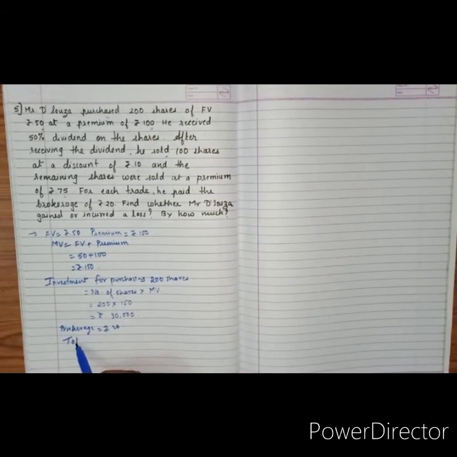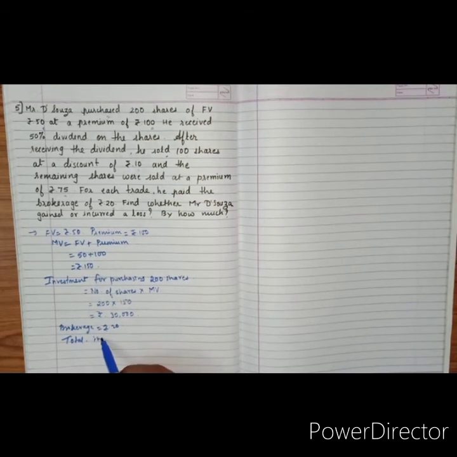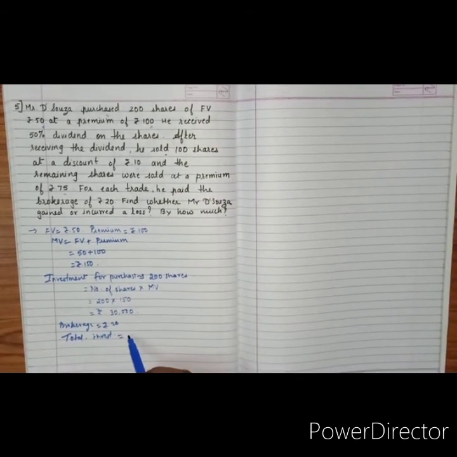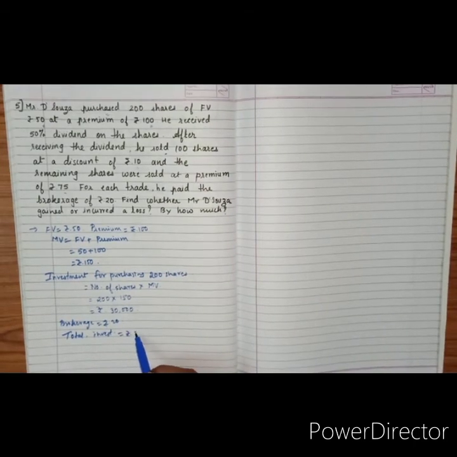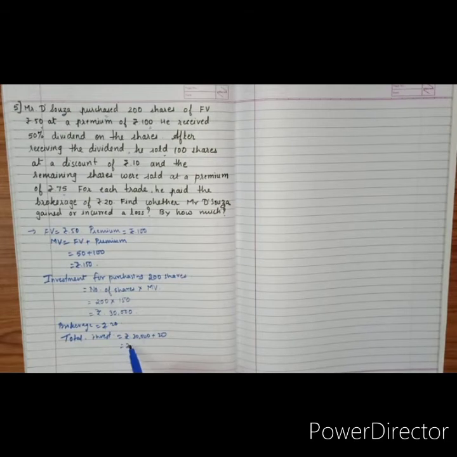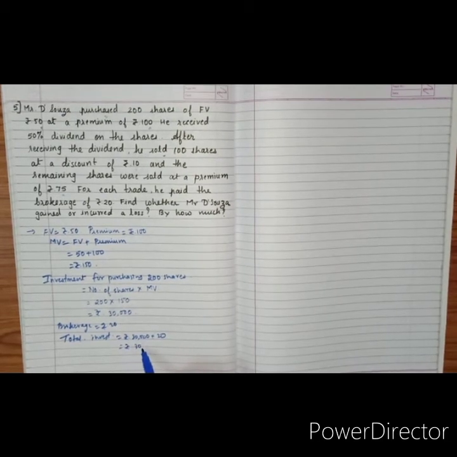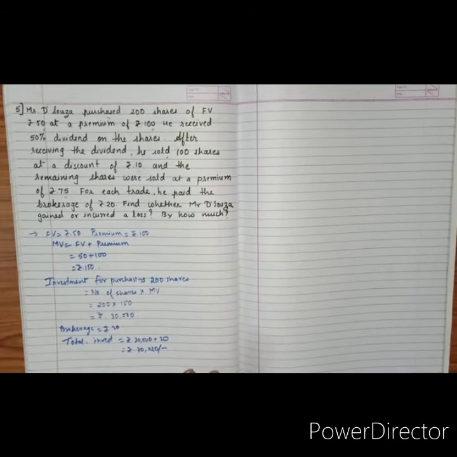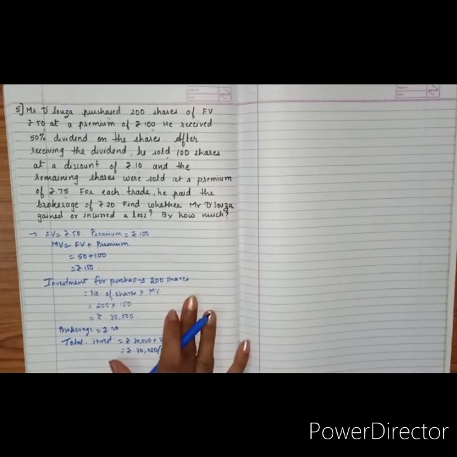So the total investment will be rupees 30,000 plus 20, that gives you rupees 30,020. Okay, this is his total investment.